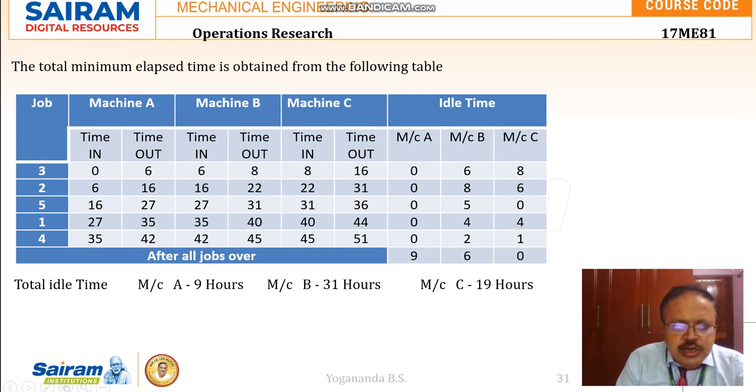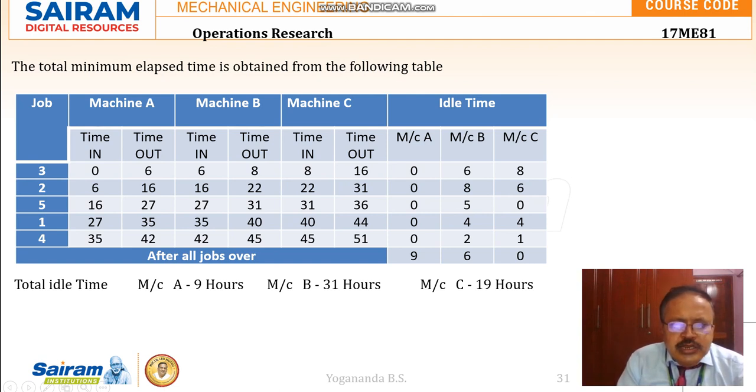We got the total processing time as 51 hours after all the jobs are over. Machine A gets its work completed on the 42nd hour itself, so 51 minus 42 is 9 hours for machine A. Then 51 minus 45, that is 6 hours on machine B, and 51 minus 51, that is 0.